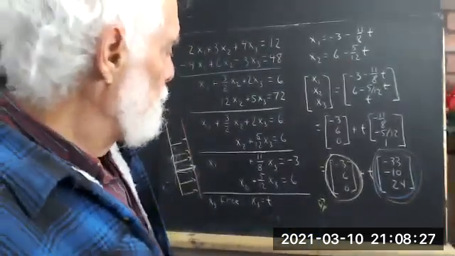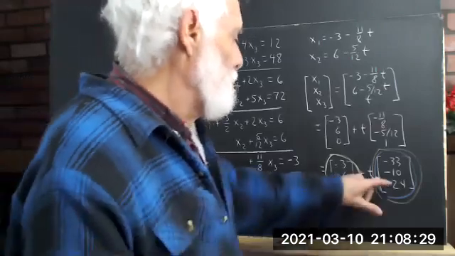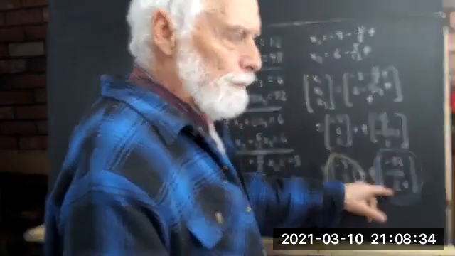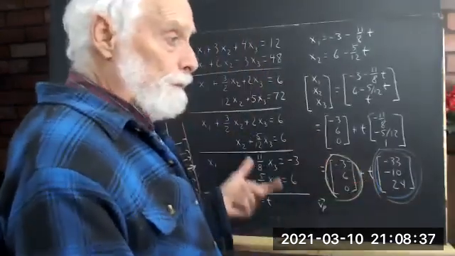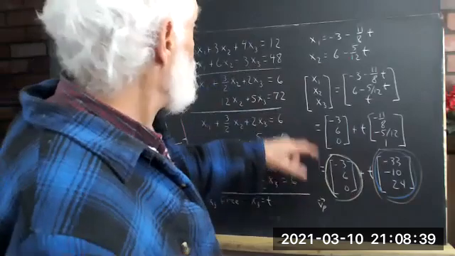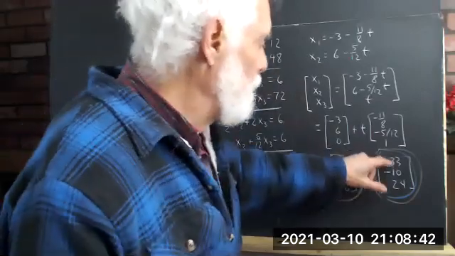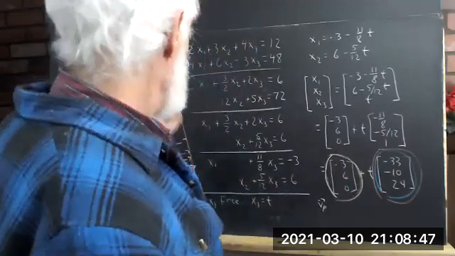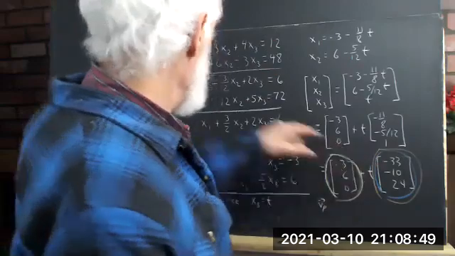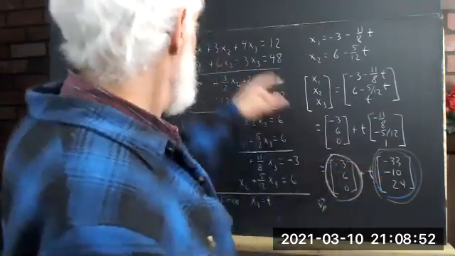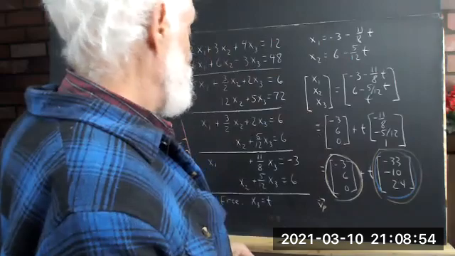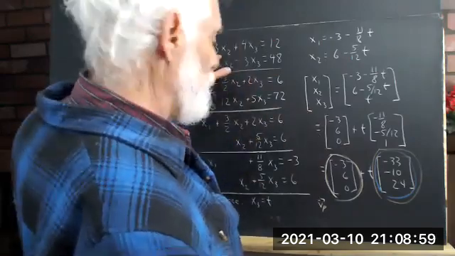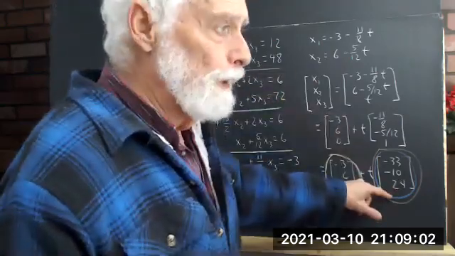And then over here, you have a solution to the homogeneous equation. In other words, if you had zeros here and plug these numbers in for x1, x2, x3, you would get zeros. It's easy to check that. -33 times 2 is -66. -10 times 3 is -30, and -66 minus 30 is -96, and 4 times 24 is 96.